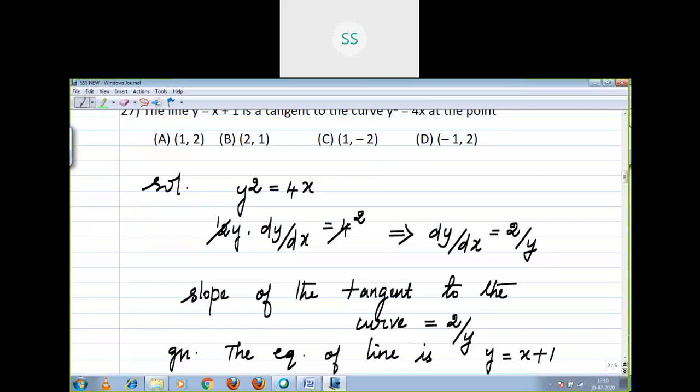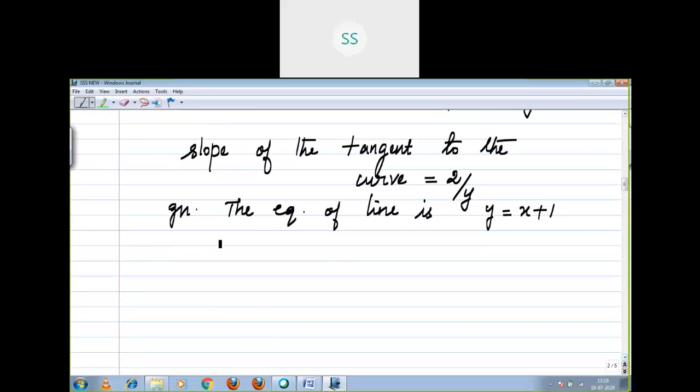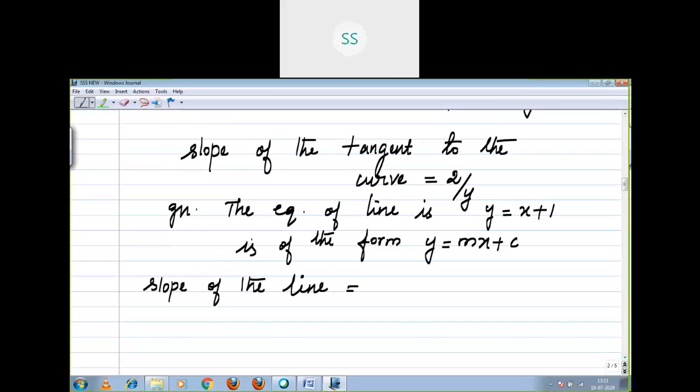What does it represent, children? Very good. It is of the form y equal to mx plus c. Here, what is the slope of the line? Slope of the line equal to the coefficient of x. What is the coefficient of x here? 1.